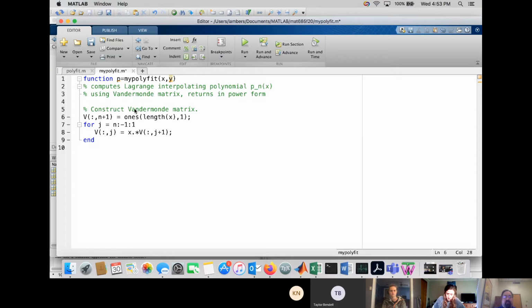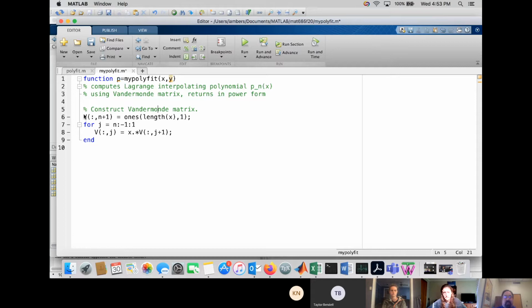Now, this Vandermonde matrix is a little different than what I showed in my notes, because in that case, I had the first column ones, second column x values, then the x values squared, cubed, and so on. But here I'm going to do the columns in reverse order. Why? Because the coefficients need to be ordered from highest degree to lowest.